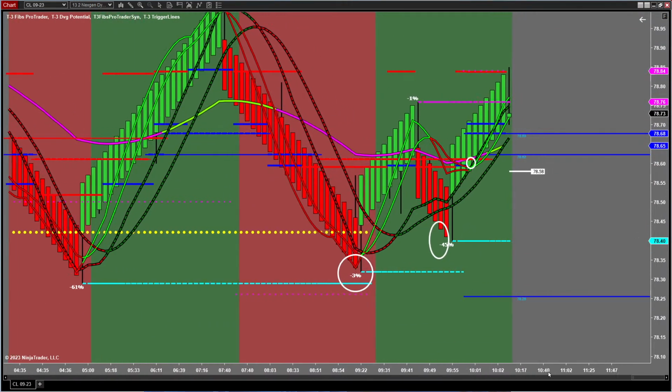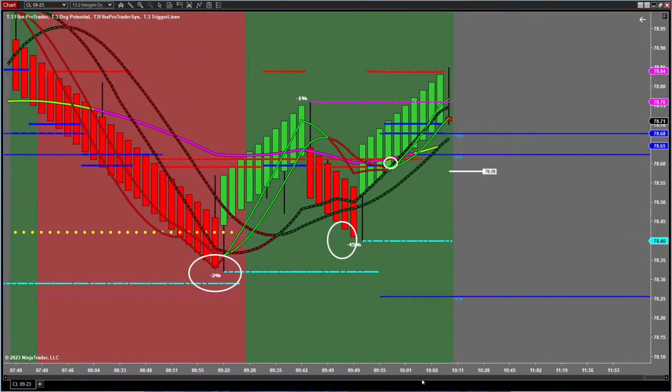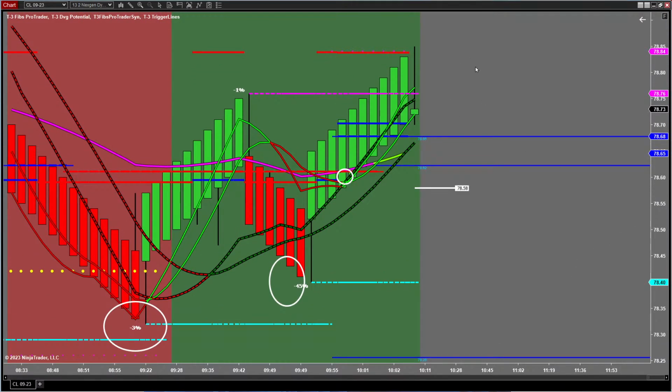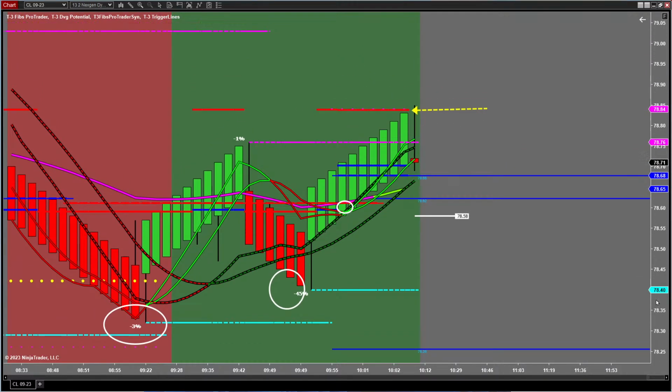All right, so now we're in a position in crude oil where we have to ask ourselves another question. And again, just trigger line reading only. Everybody agree that the triggers are up and strong and looking like they're going up? So we have to decide, are we going to trade into this little resistance?